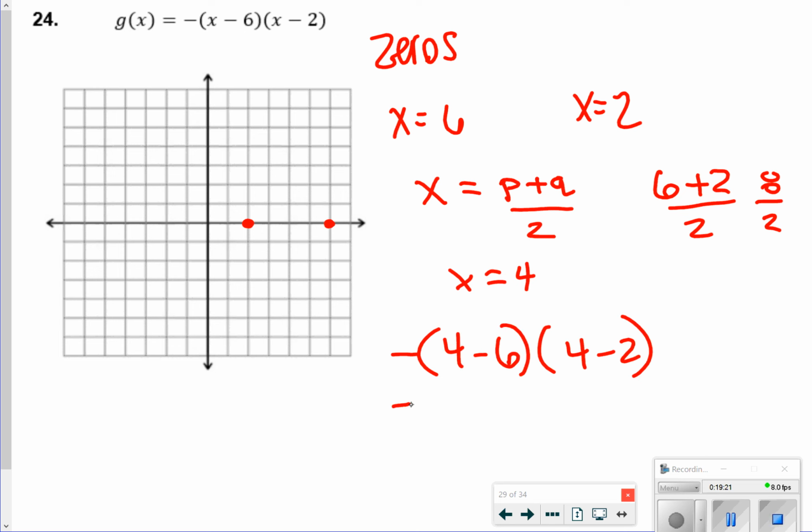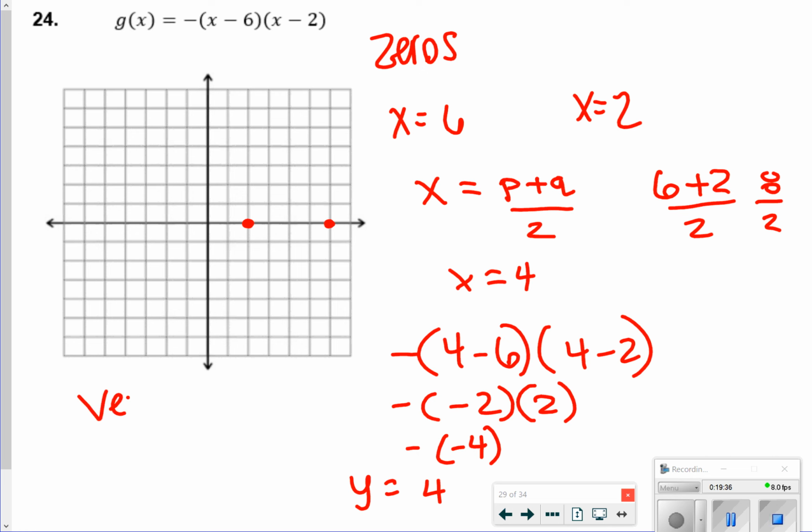That's going to be negative parentheses -2 times 2, or negative 4, which is equal to just a positive 4. So x is equal to 4, y is equal to 4. That means my vertex is 4, 4. 1, 2, 3, 4, 1, 2, 3, 4.